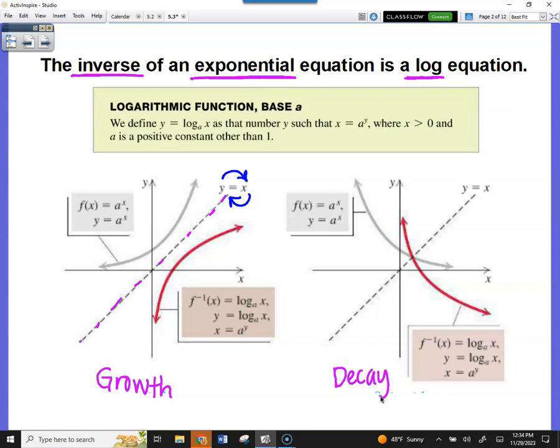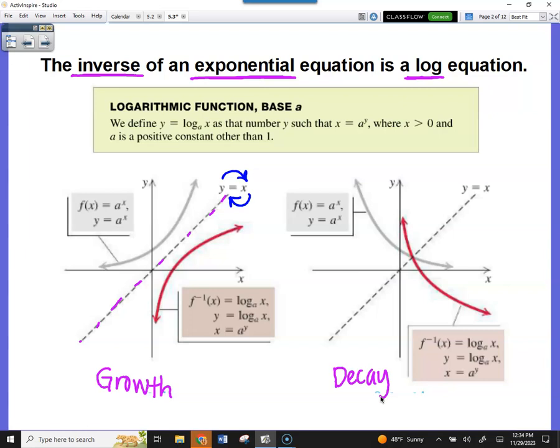Yes. What's the difference between what she said? Oh, inverse is the word to describe opposite. No, the log is the inverse of the exponential function. Yeah, inverse is the relationship between them.